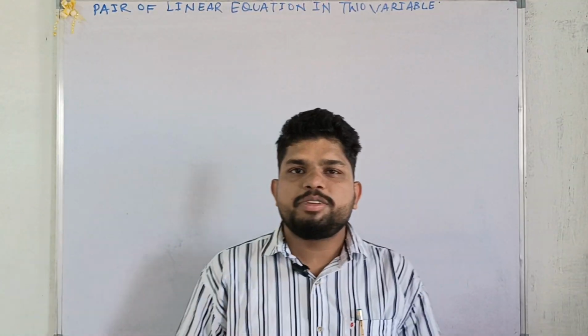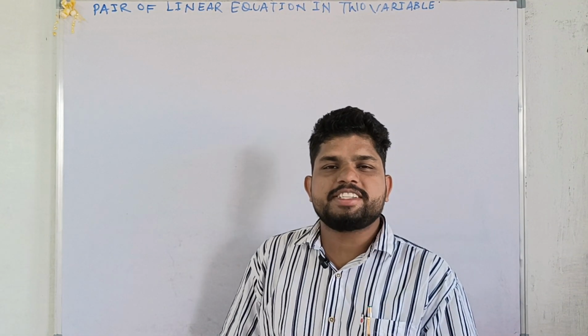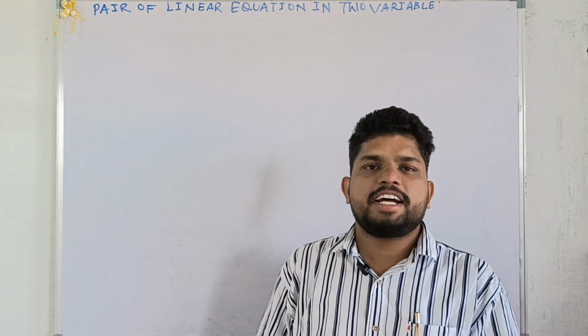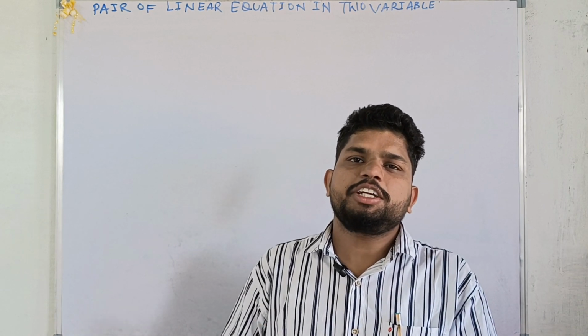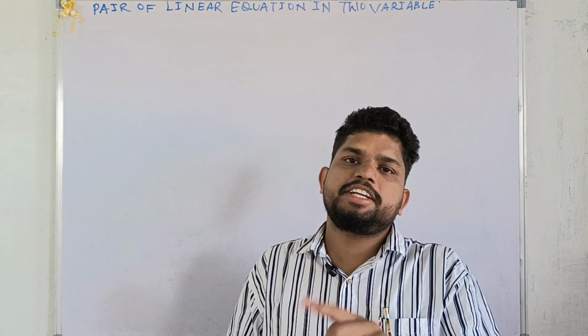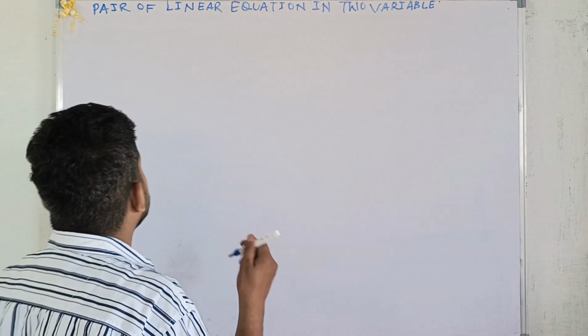Okay, now we will see linear equation in two variables. So basically, dear students, what is a linear equation in two variables? The definition says that a linear equation in two variables is an equation having two variables, and both variables have degree 1. Okay, so let me write the definition.